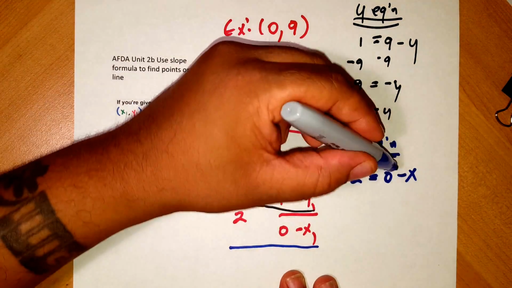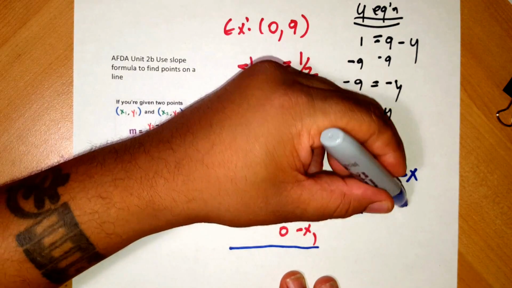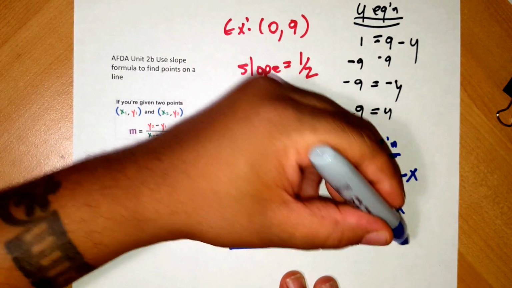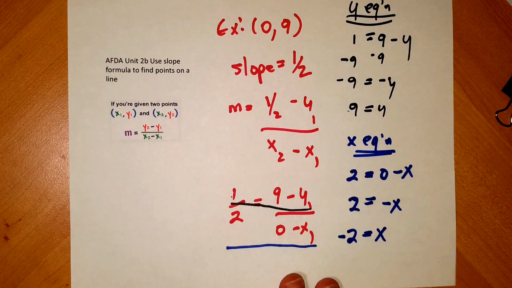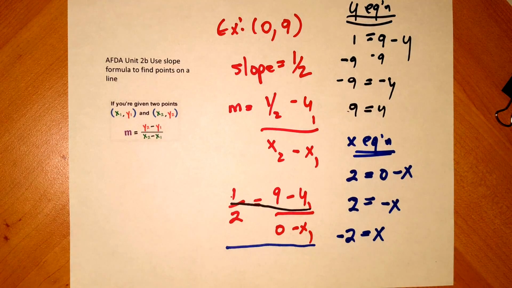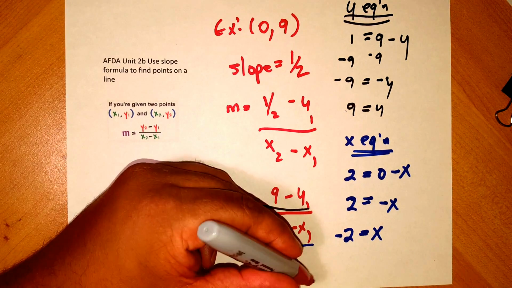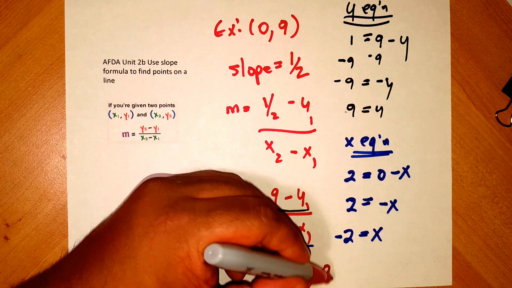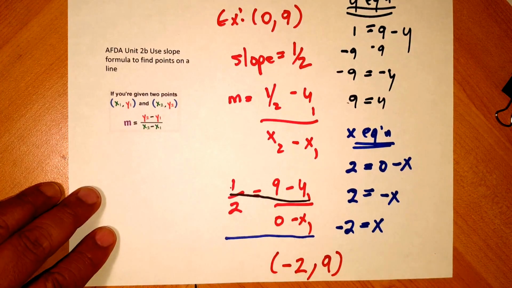So again, 0 is really easy to work with. We can just forget about it in the equation. So 2 is equal to negative x, or just say x is equal to negative 2. So we end up with another point from that line as being our x coordinate of negative 2 and our y coordinate of 9. So that's our algebraic way to do it.